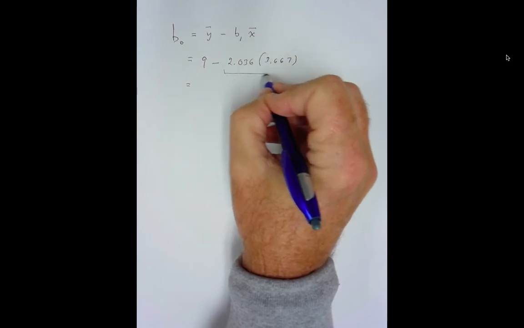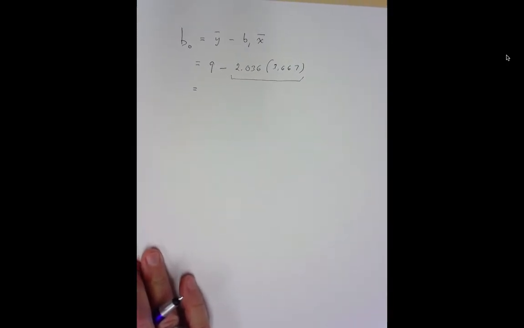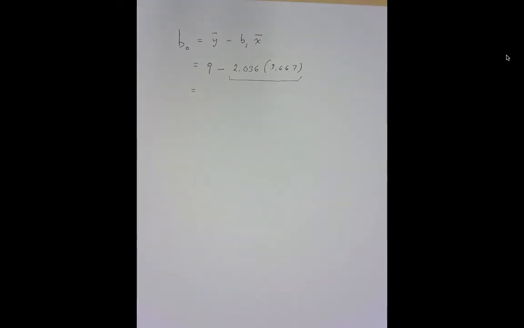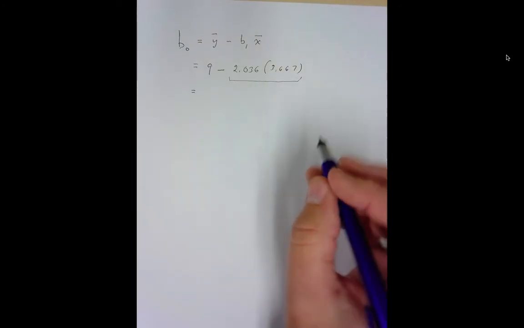As long as we don't do something goofy, make sure you remember you have to multiply before you subtract. So we're going to take 9 minus the product of 2.036 times 3.667. So we get 1.534.